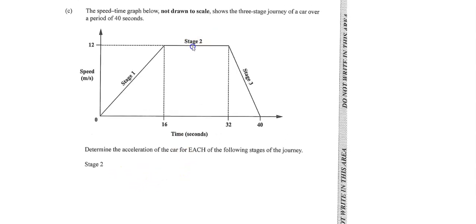So stage 2, the velocity there is constant, therefore acceleration equals 0. So the acceleration there is 0 meters per second squared. That's stage 2, because the velocity is not changing, it's just constant.